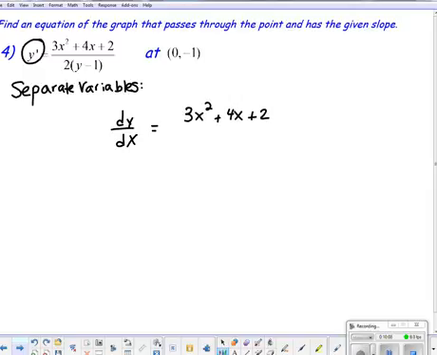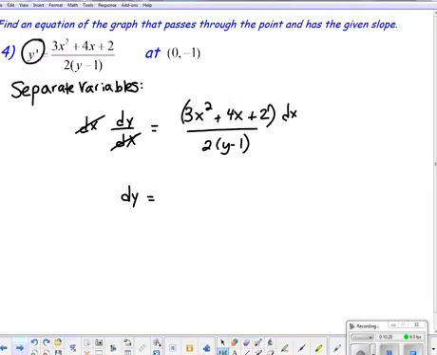And so let's make the dx come up over to this side. Oops, you know what? I lost my denominator, 2y minus 1. And then let's multiply by dx on both sides. It's gone. We got dy equals.